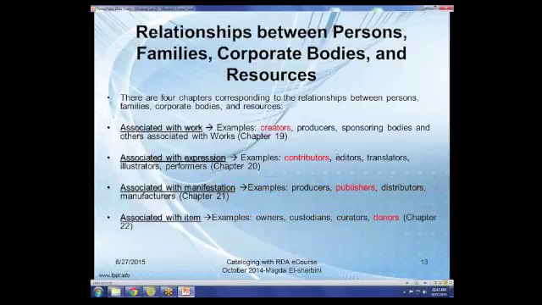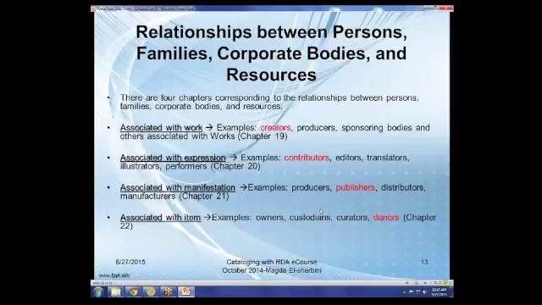Other examples might be the illustrator of a children's book or performers in a movie. Okay, associated with manifestation. Generally, we don't create a 700 field for people who are associated with this specific manifestation because generally there aren't very many.